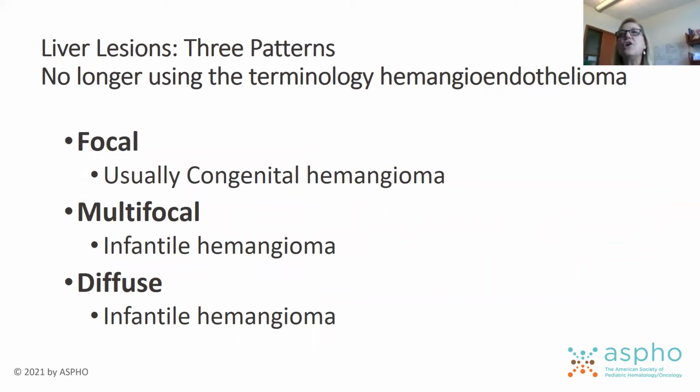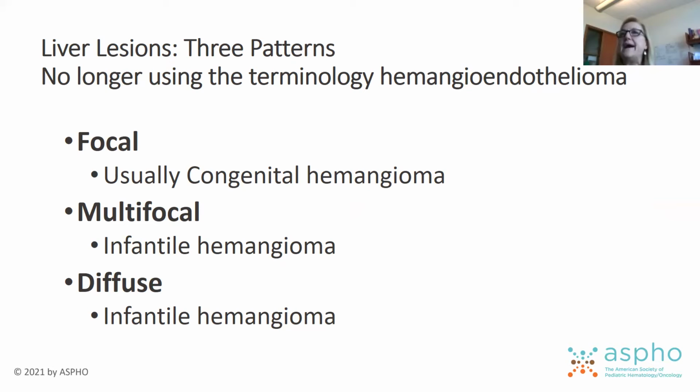Then I wanted to talk a little bit about liver lesions that are related to hemangiomas, because in the past, anytime someone had a vascular liver lesion, it was called a hemangioendothelioma, and we are trying to get away from that term. So this is very important for you to know.